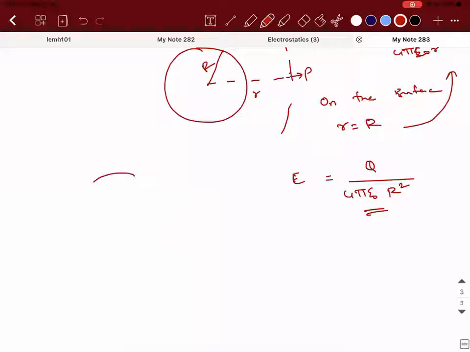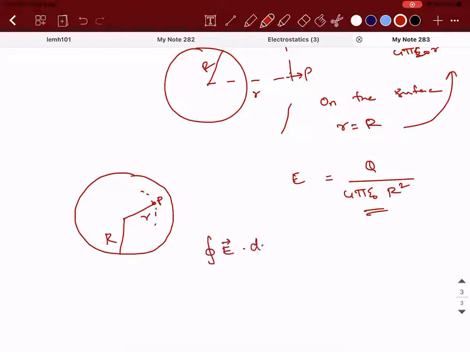Similarly, if you take the Gaussian surface to be inside, then this distance will be small r, and this distance will be capital R. Now comes an important question. The surface integral of E vector dot dA vector is equal to how much? 1 by epsilon naught times the charge enclosed by the Gaussian surface.